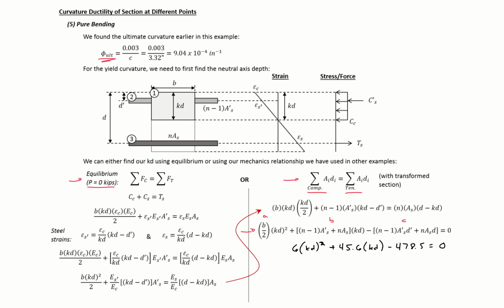And we can solve for kd, and we'll get our kd to be equal to 5.91 inches. So then we'll use this kd to find our yield curvature on the next slide.